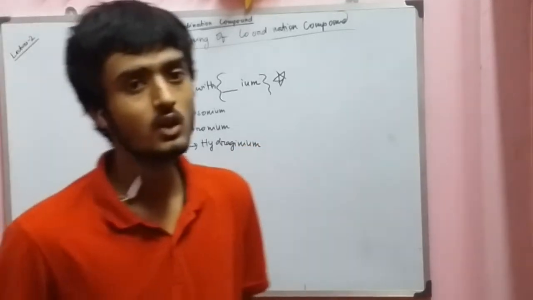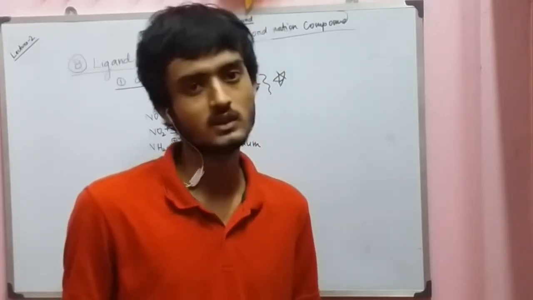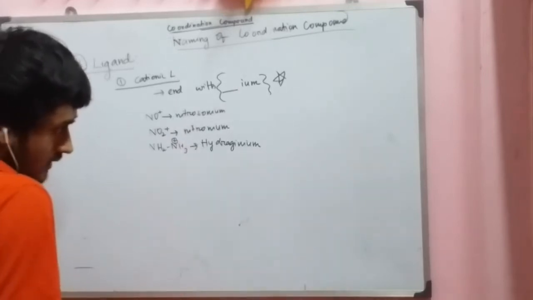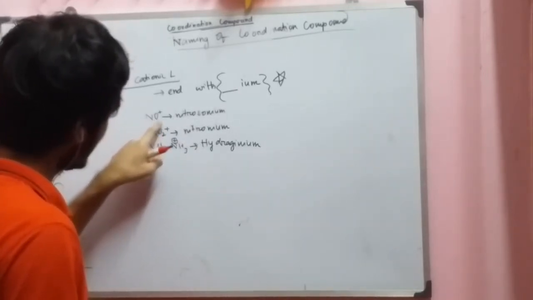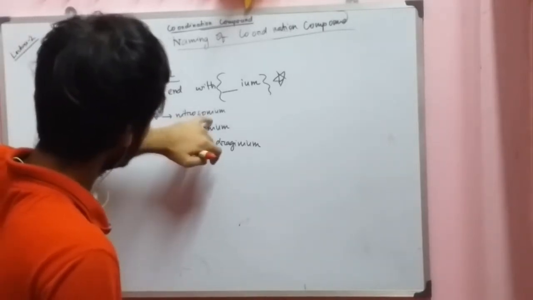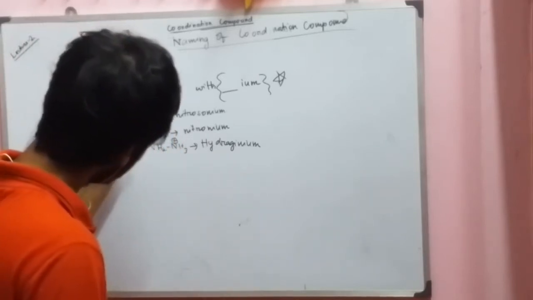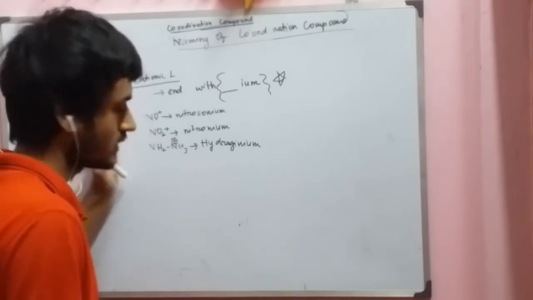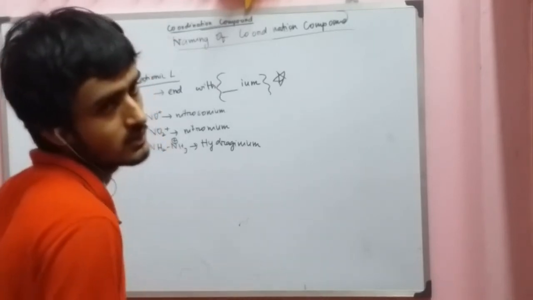Do not try to rectify this. If you look at this NO plus, the name nitrosonium should immediately pop out in your mind, but do not rectify this. It is a very bad and not fruitful task to rectify this.